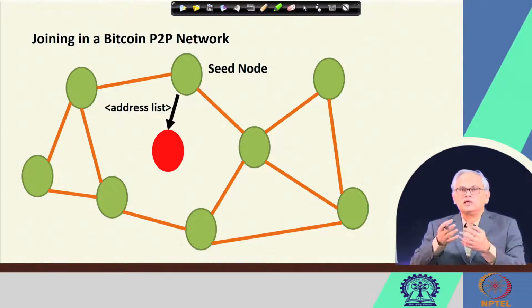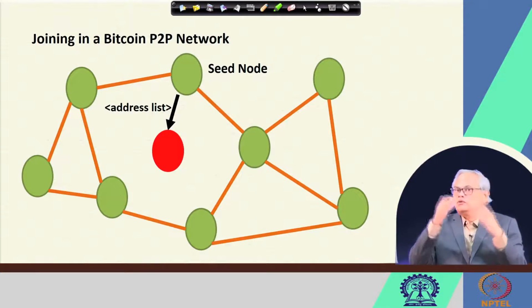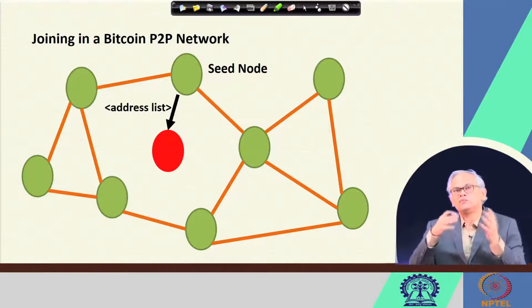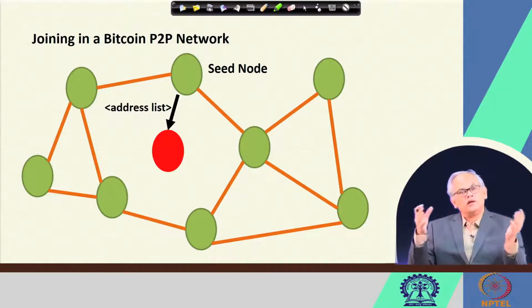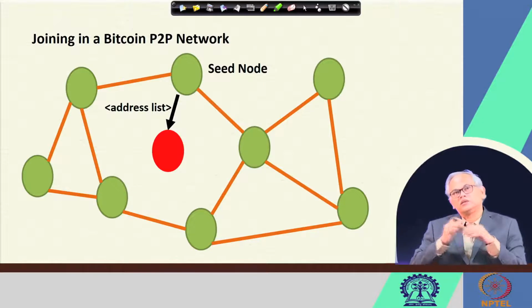Instead, every node will have a set of its peers, its neighbors we can call them, to which they will be sending their information, and then they will be sharing with their neighbors and then the neighbors and so on, and in this manner, as we will see, the entire network will get all pieces of information. So, this node gets the address list for its neighbors from the seed node.